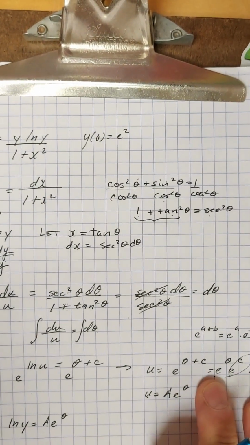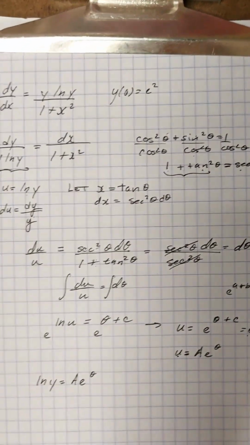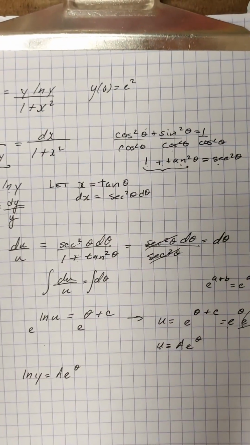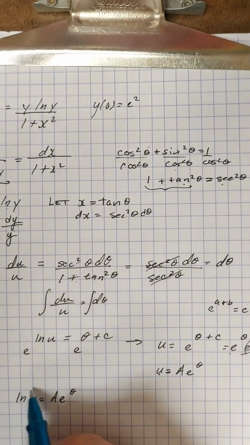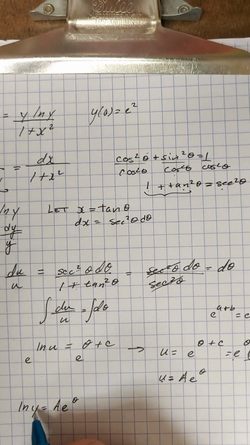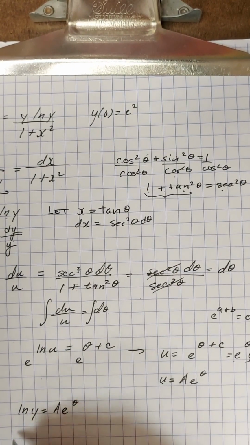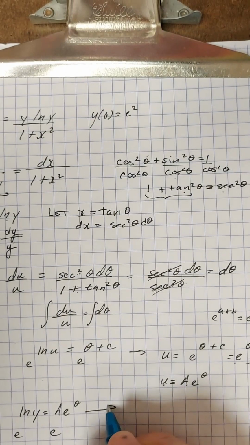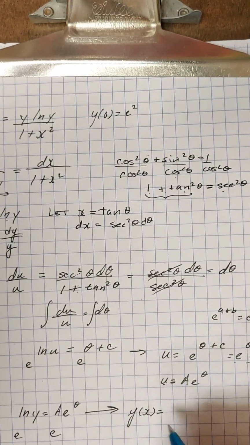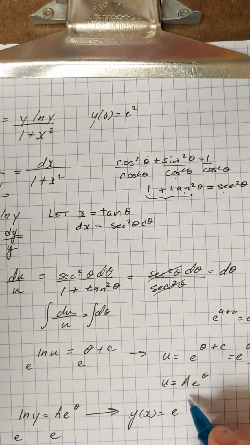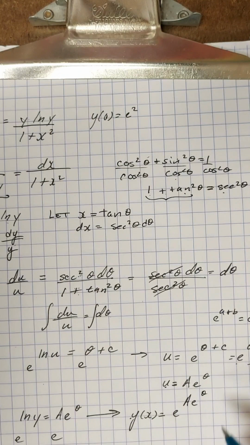To solve this a little bit more, we want to undo the natural log. In order to do that, we're going to have to exponentiate everything one more time. So we have y of x is now written as e to the A e to the theta.